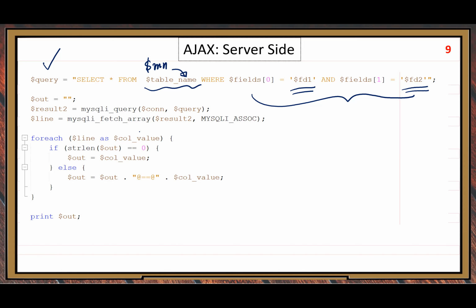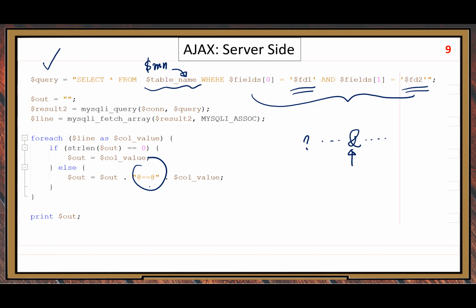When I put the column values together, I use a special symbol in between. Remember our parameters after the question mark, how do we separate different parameters? We use an ampersand: parameter 1, ampersand, parameter 2, and so on. The ampersand sign is used to separate different parameters.